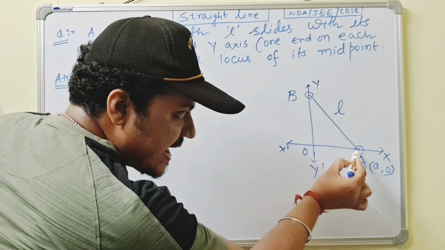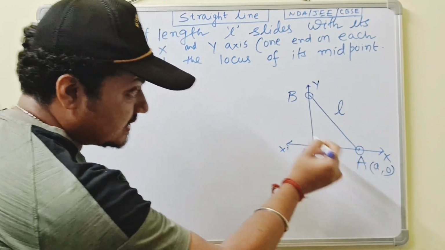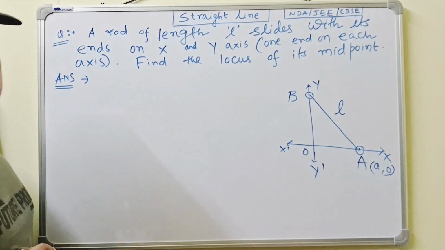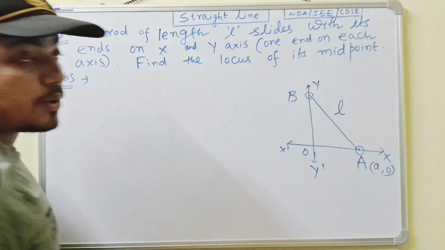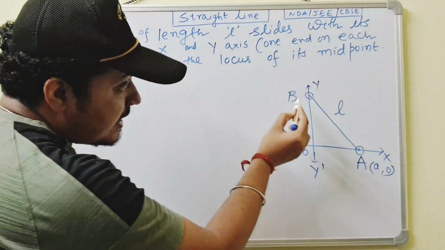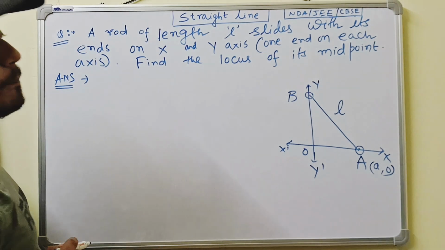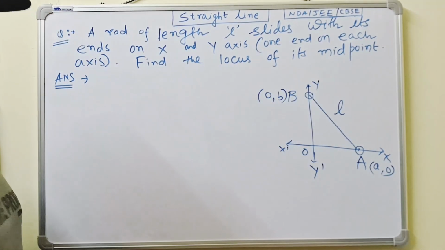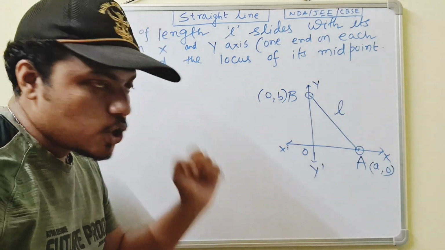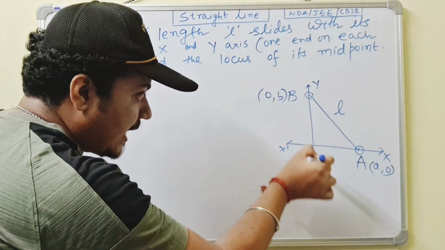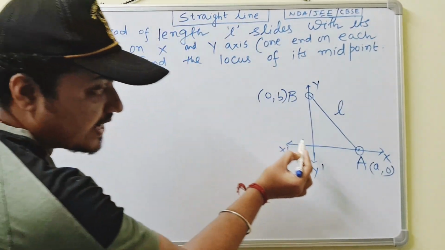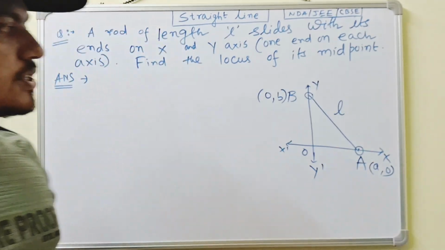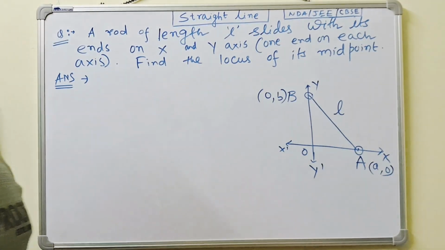Similarly, the coordinates of B are 0 comma b, because B lies on the y axis, so its x coordinate is 0.